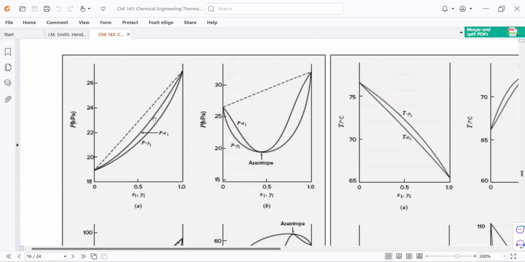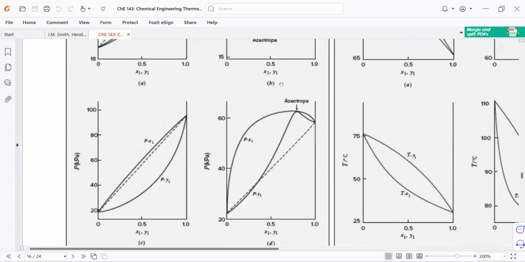When we have negative departures, such as in systems A and B, it reflects that the liquid phase intermolecular attractions are stronger between unlike molecules than between like molecules.